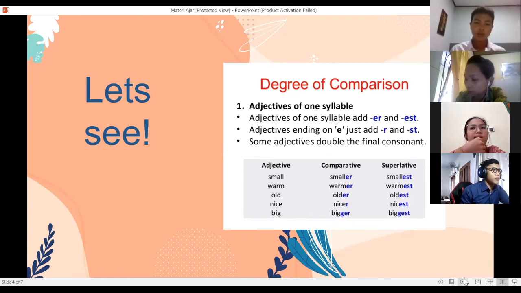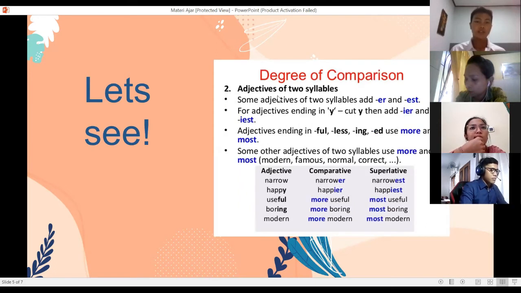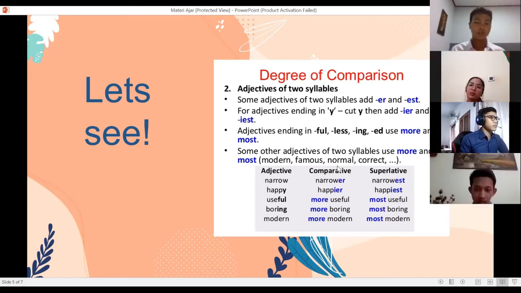The next one is degree of comparison in adjectives of 2 syllables. Some adjectives of 2 syllables add er and est, but for adjectives ending in y, cut the y, then add er and est. For example, the adjective narrow: comparative narrower, superlative narrowest. And some other adjectives of 2 syllables use more and most, like modern, famous, normal, correct, and so on.